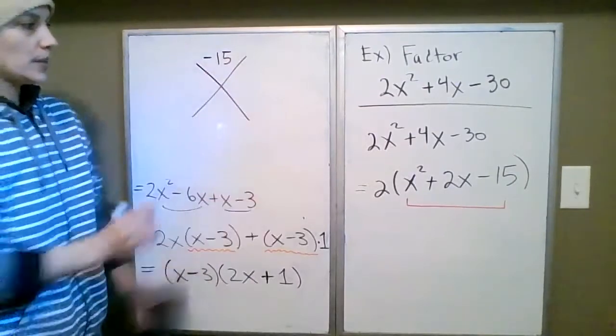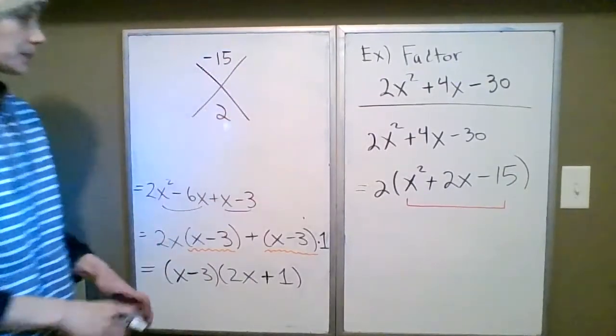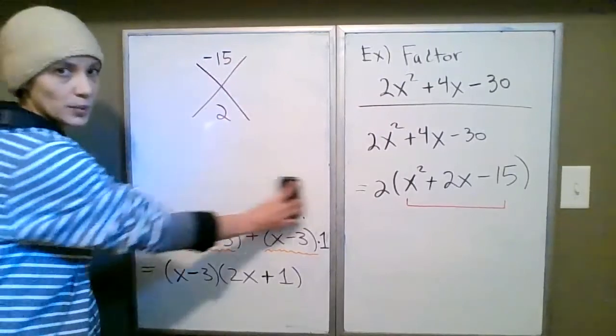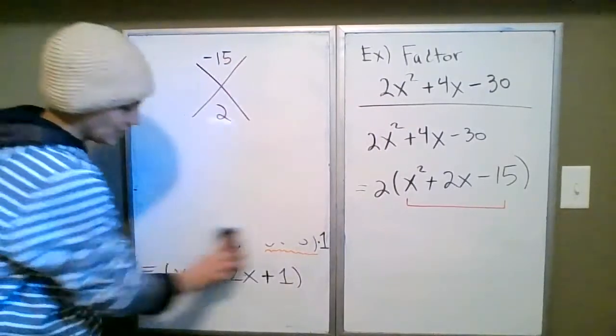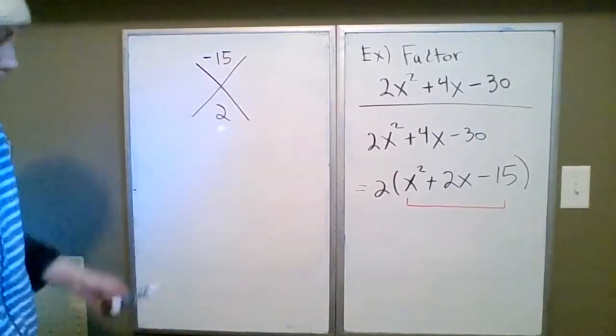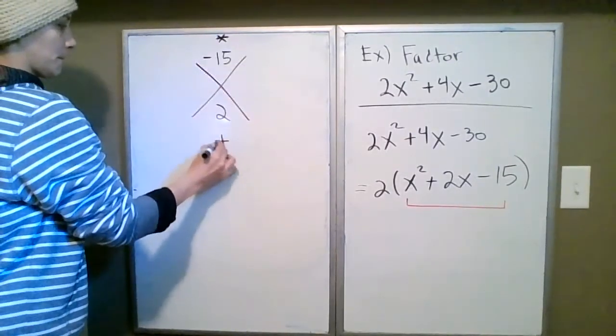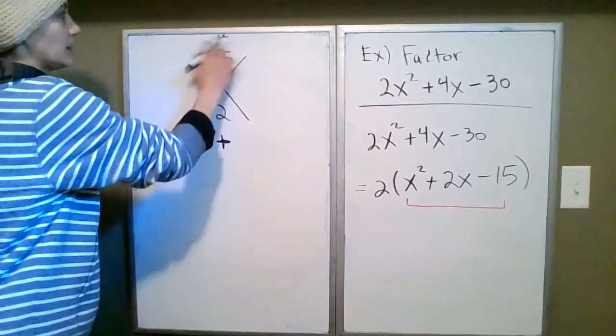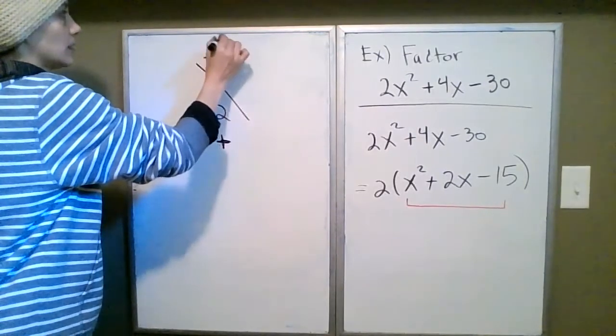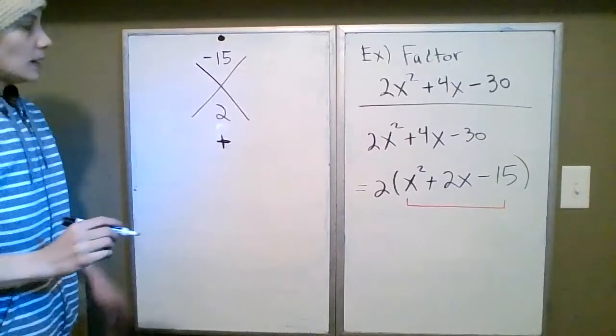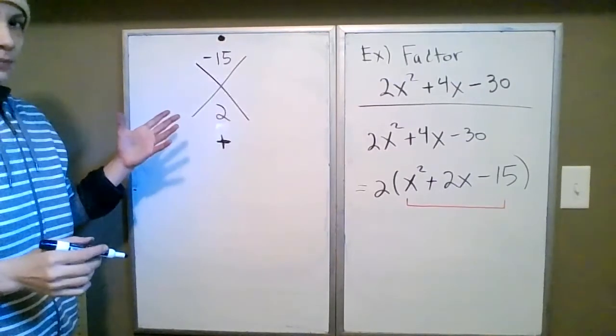Then put the middle term in the bottom. You need 2 numbers that multiply to negative 15 and add to 2. I'm thinking probably 3 and 5.